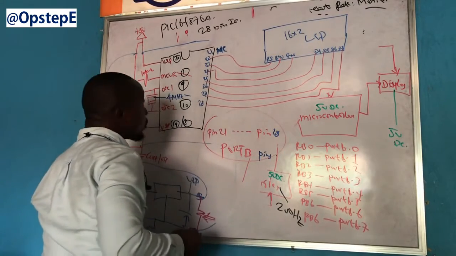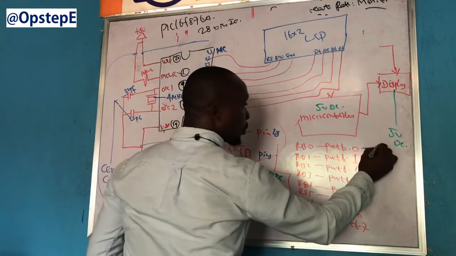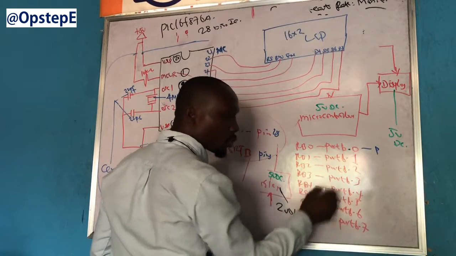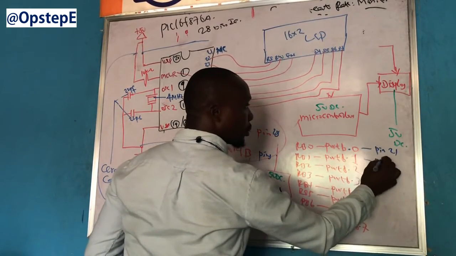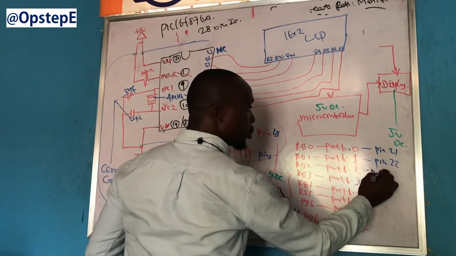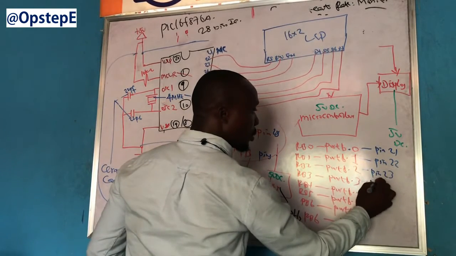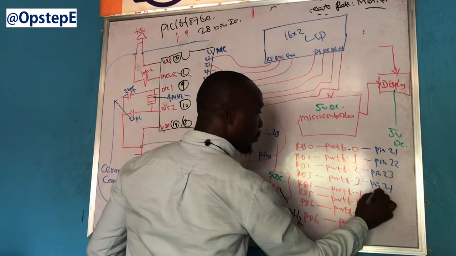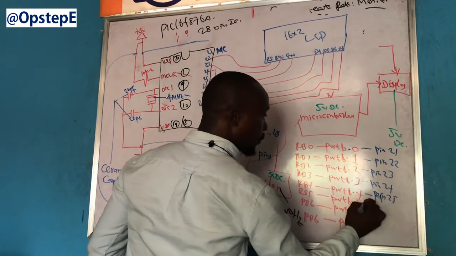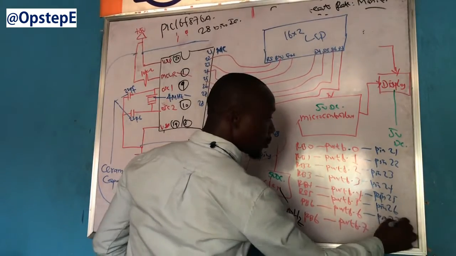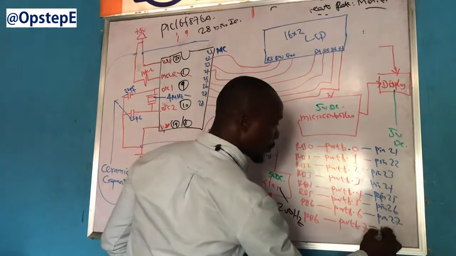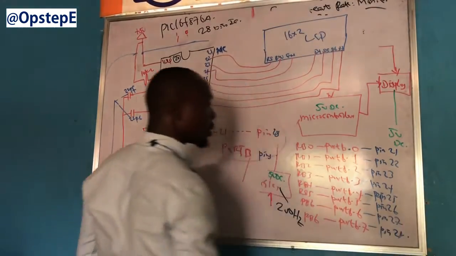Which, of course, are bits. Which is pin 21, pin 22, pin 23, pin 24, pin 25, pin 26, pin 27, and pin 28.